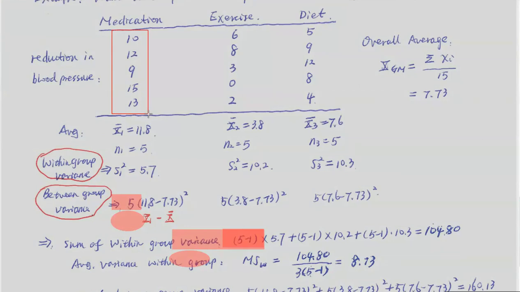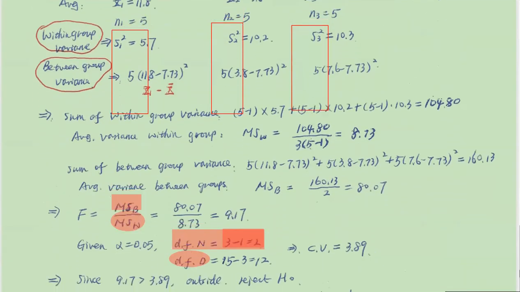You have 5 samples here. Degree of freedom 5 minus 1, which is 4. Similarly, for this group, 4. And for this group, 4. 4, 4, 4. What's the total? 12. So the degree of freedom for within groups is 12.